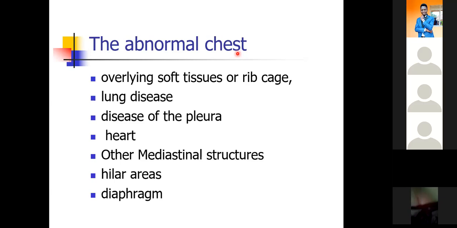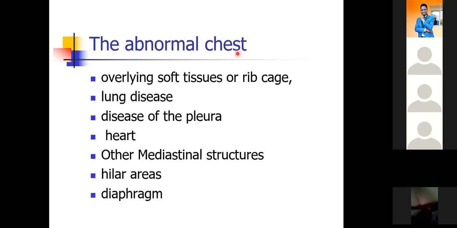We can address the thorax as having different compartments. You can think about the thoracic cage and its soft tissues as one compartment. Then you can think about the lungs as one big compartment.